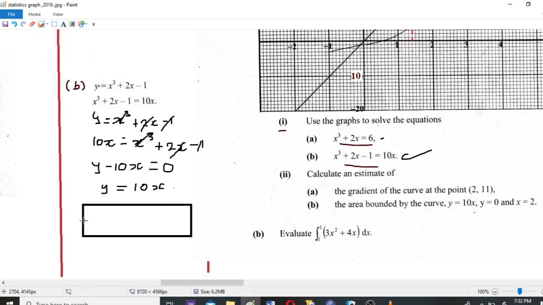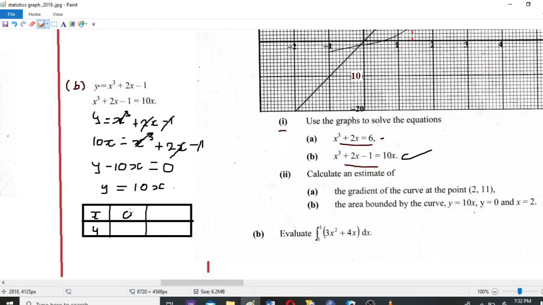Remember this is a linear equation, so we're going to make just 2. We have the x values on top, and we have y values.